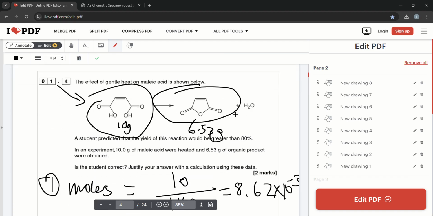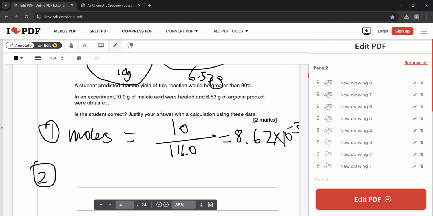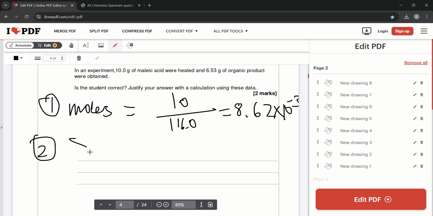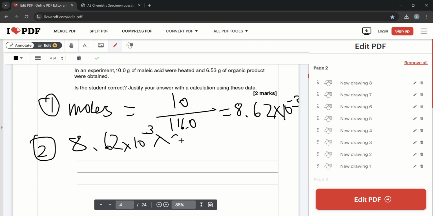Therefore the theoretical yield is going to be moles times the Mr of this, 98. And that'll give me 8.45 grams.